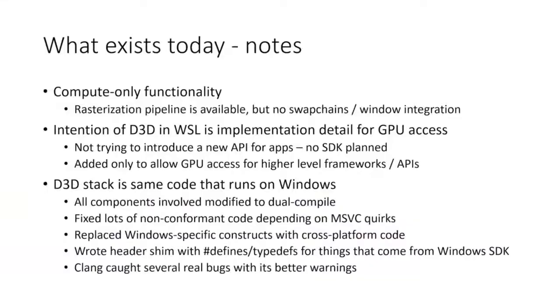So for example, the D3D API has all caps UINT. We provide a typedef for that maps to something that works roughly the same on Linux. And we're cross-compiling with Clang. This process actually caught several real bugs because Clang's warnings are significantly better than MSVC's. So this was, again, a great experience for improving the quality of our code.